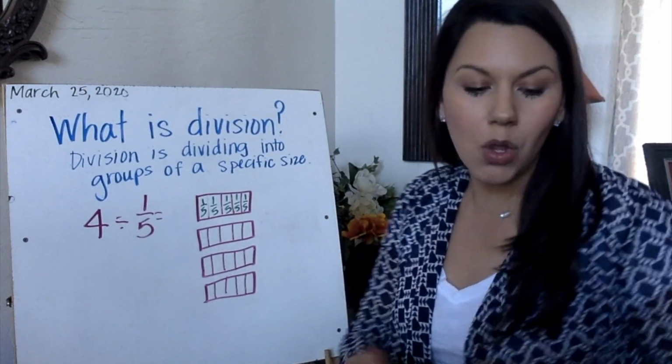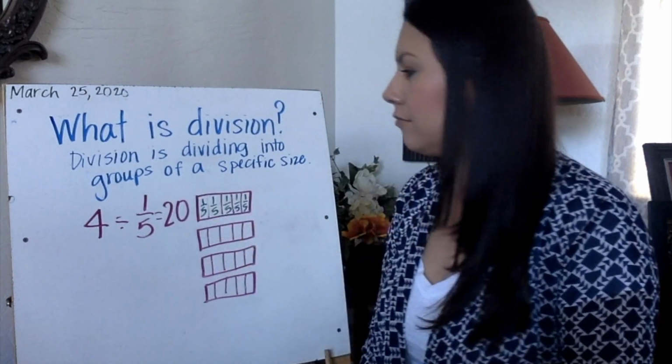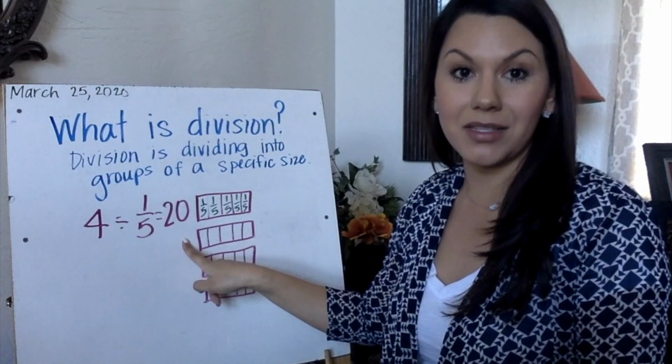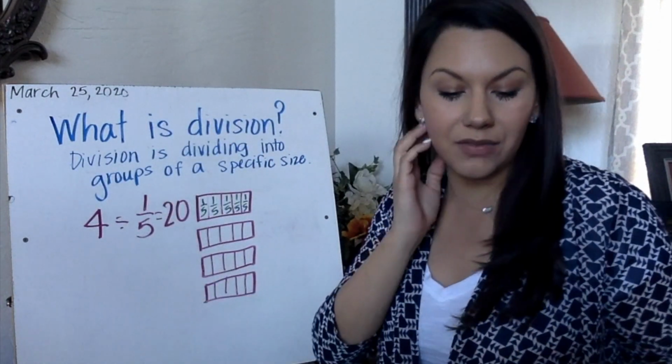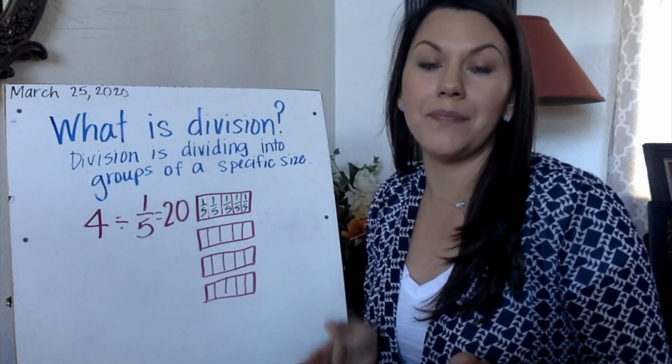I have 20 1/5s. So 4 divided by 1/5 is 20. This is the visual way that I'm showing you first. So I'm going to do that with a few of the samples before I show you how to work the equation.